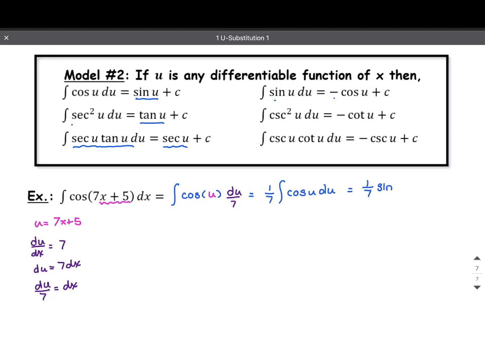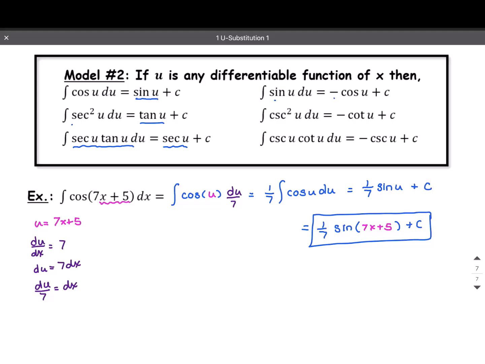That's the sine of the angle u plus c. One last step, I keep my 1/7 times the sine of, wait a minute, what's my u? 7x plus 5, and then plus c. We have now evaluated the integral.